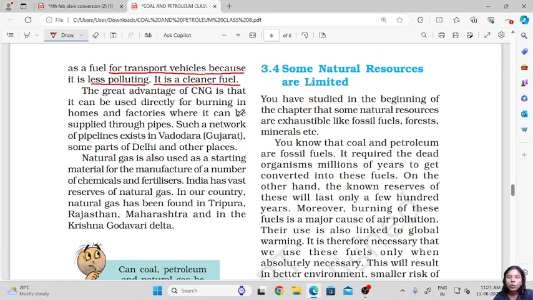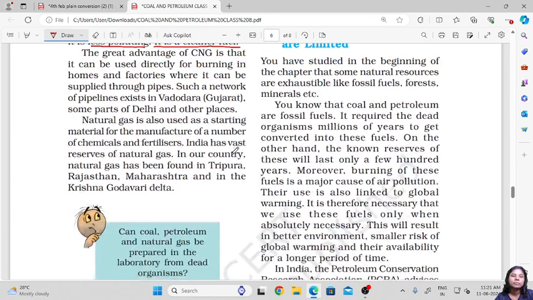They can transport this fuel, the CNG gas, to many homes and factories and use it as a fuel. And this work is currently being done in places like Vadodara and some parts of Delhi and other places.